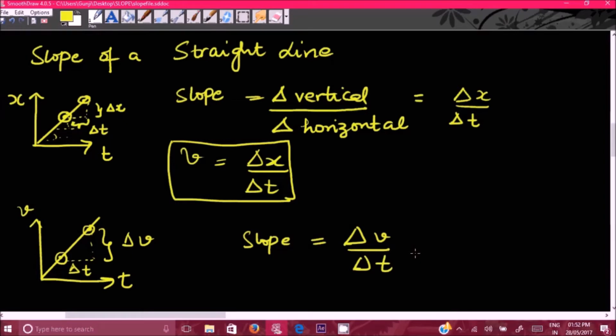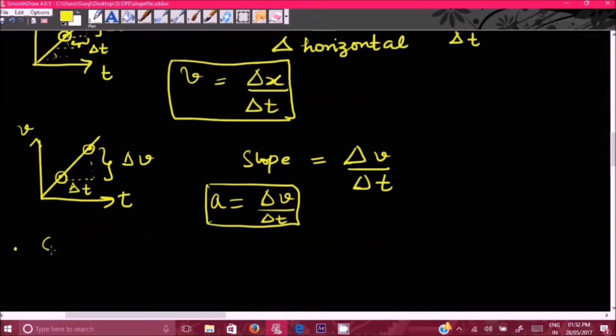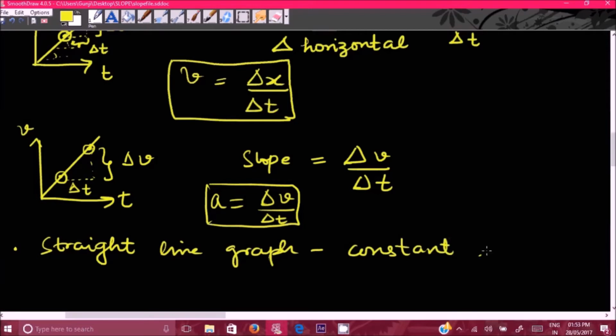This is change in velocity over time, which gives us acceleration. Therefore, the slope of velocity versus time graph gives us the value of acceleration. So a equals delta v by delta t. Therefore, a straight line graph has a constant slope at all points on the curve.